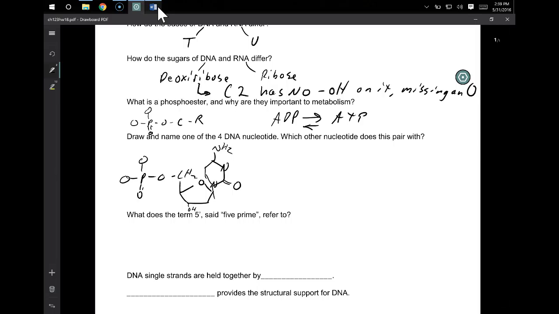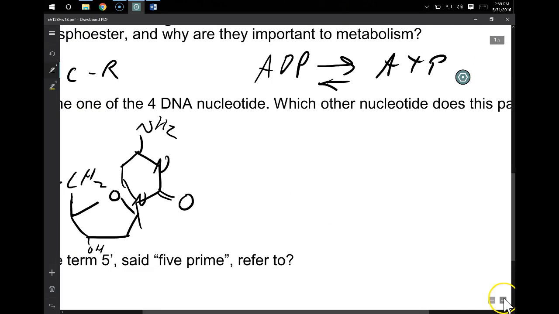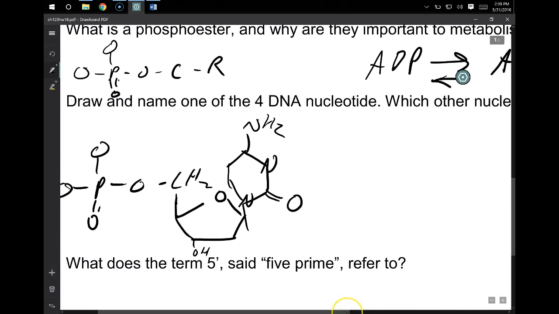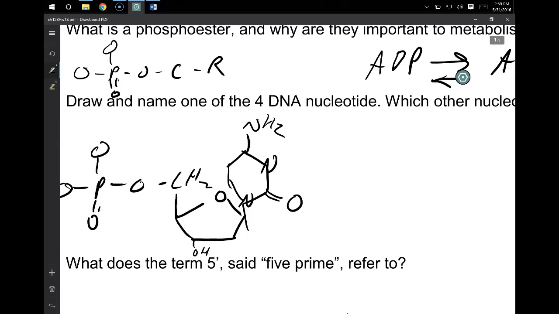So how come there's only 1 hydroxyl group on the sugar? On a really poorly drawn pentagon there. Why is there only 1 OH?